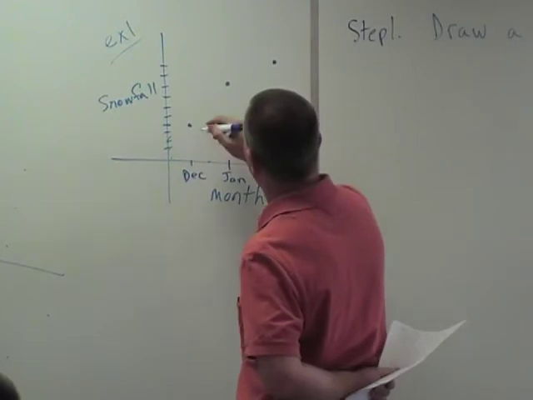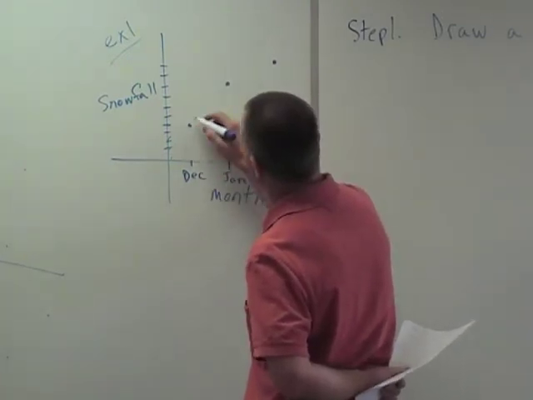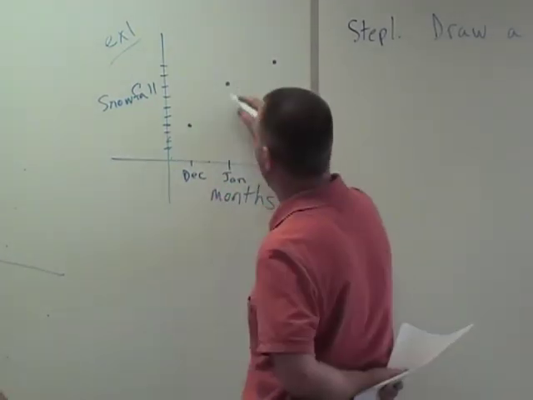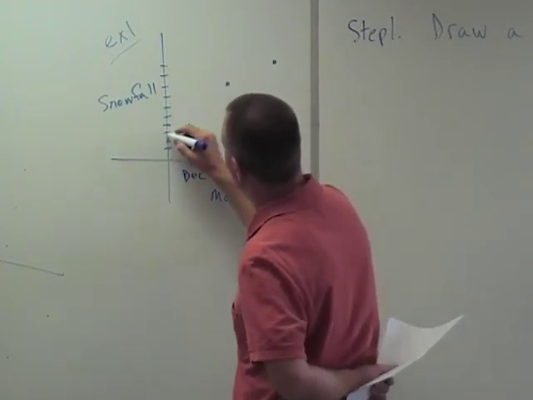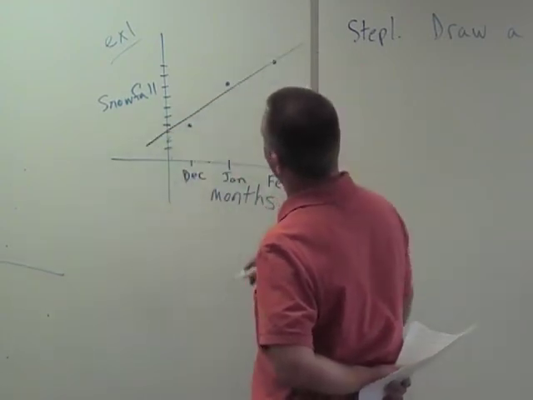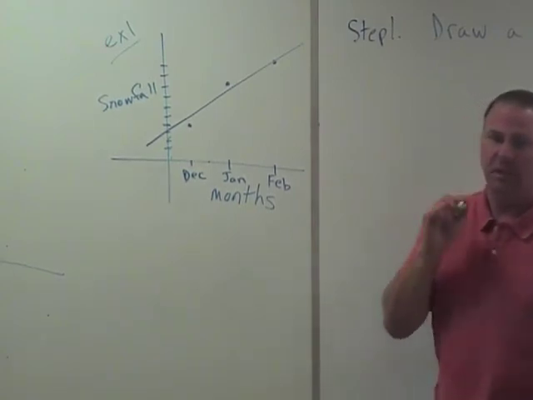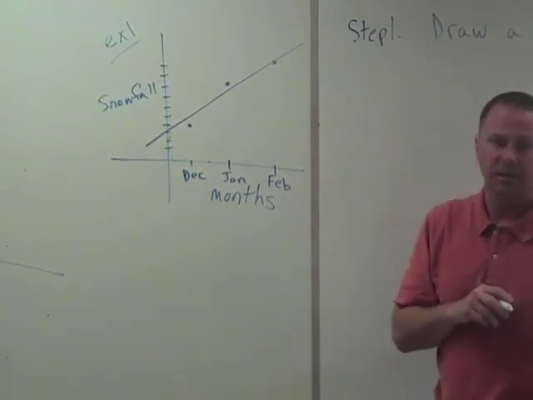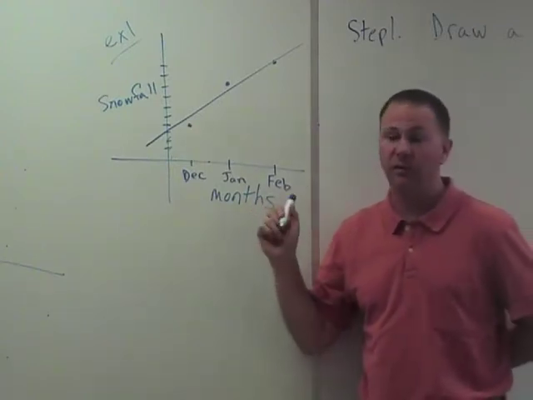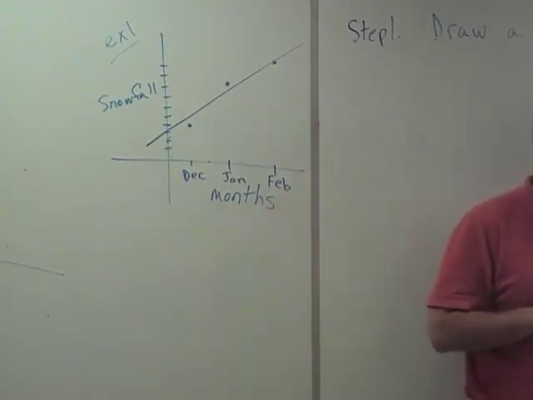But let's say I have to draw a line that represents that. It has to be a straight line. I can't draw a line that connects all those dots. So I'm going to draw a line that kind of looks like that. You need to understand, it does not have to touch any of the points on your graph.